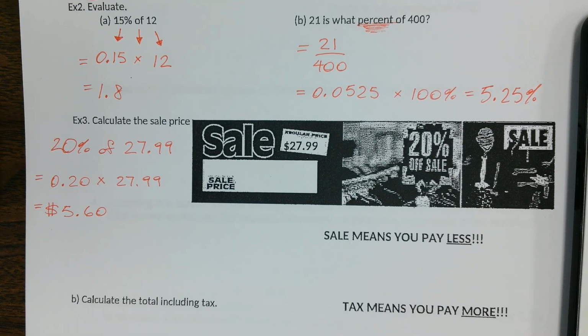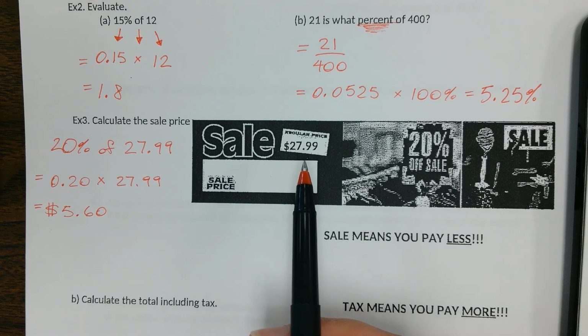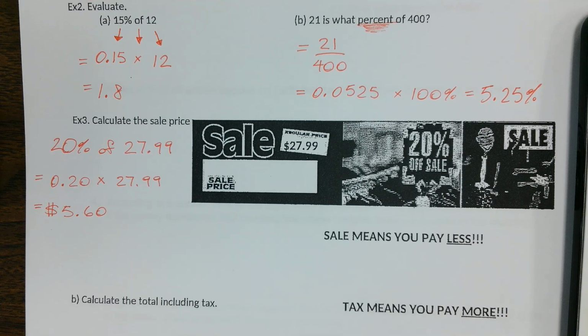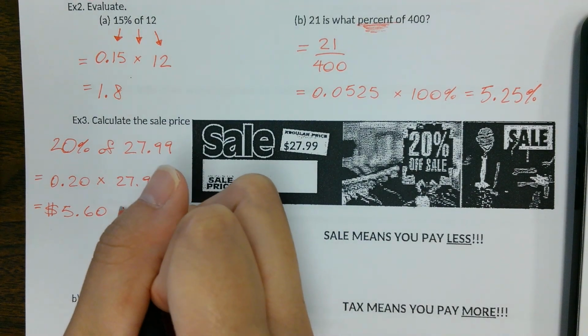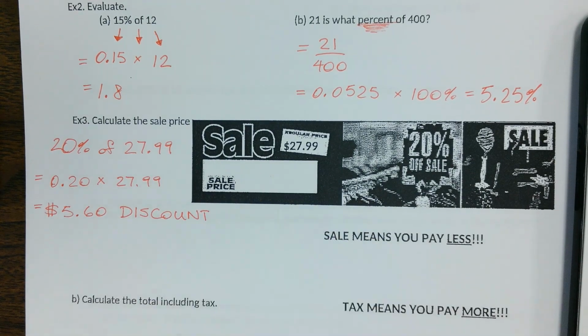Too good to be true, right? To go from $27.99 to $5.60, that's too good to be true. What is this $5.60 then? Yep. This is my discount. That's not my sale price.